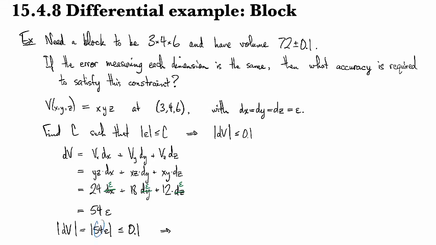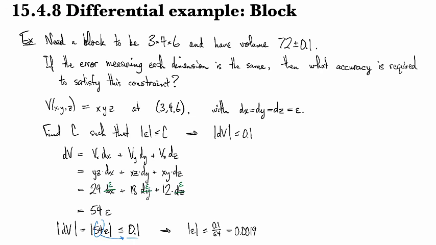And so then that tells us what our constraint on epsilon needs to be. So I'm just going to divide this 54 over to the other side here, and I find that the epsilon has to be bounded by 0.1 over 54, which is 0.0019, which is actually kind of tiny, right?